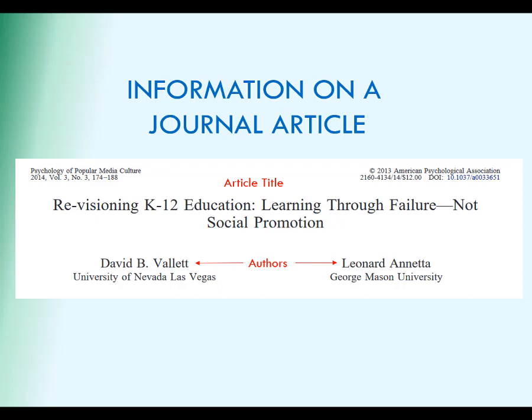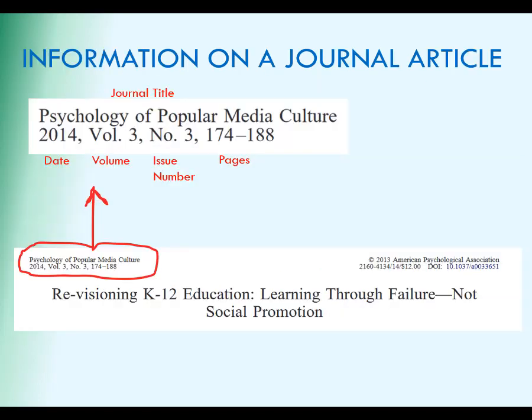At the top of the first page of this journal article, you see the article title and authors. In the upper left corner of this article, in small print, we find a lot of information we need about the source. The journal title, the date, the volume and issue numbers, and the pages.